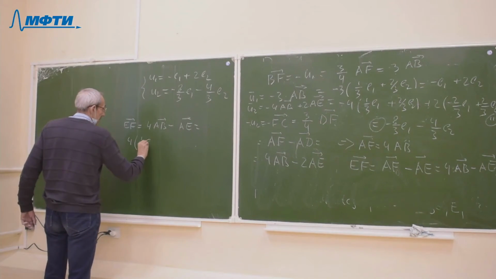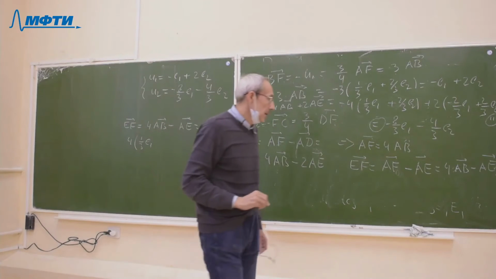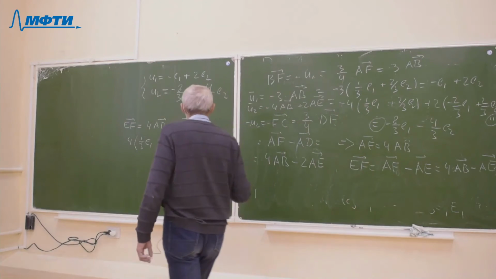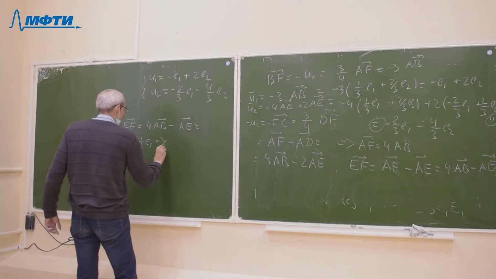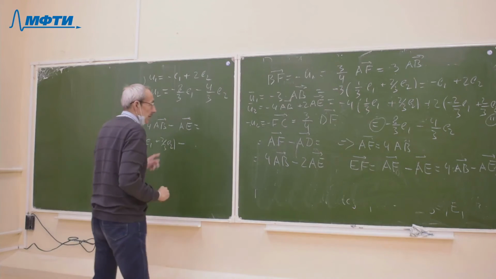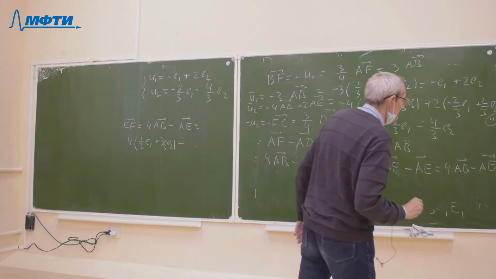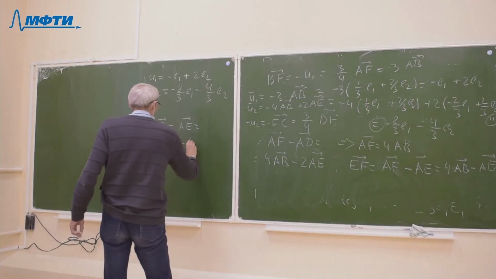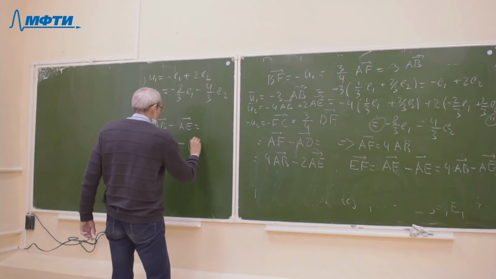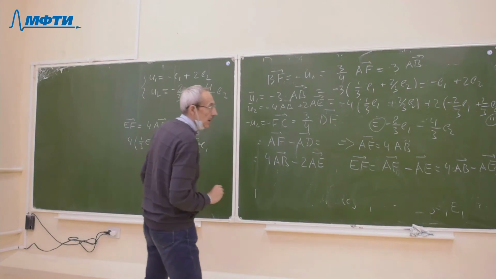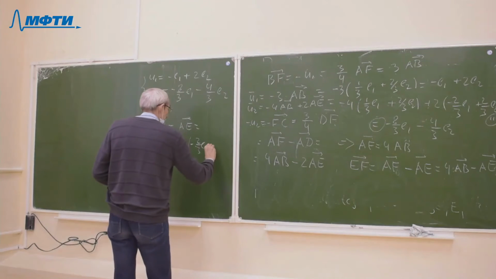AB is the ratio 1/3 e1 plus 2/3 e2, and AE is equal to minus the ratio, minus 2/3 e1 plus 2/3 e2.